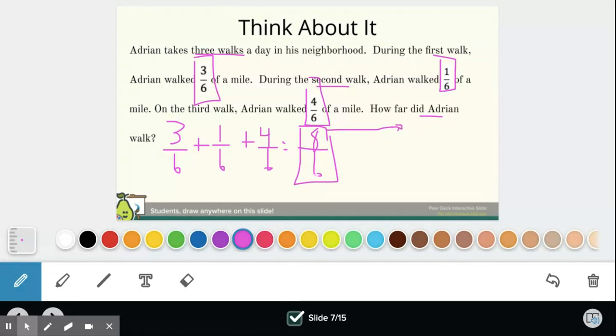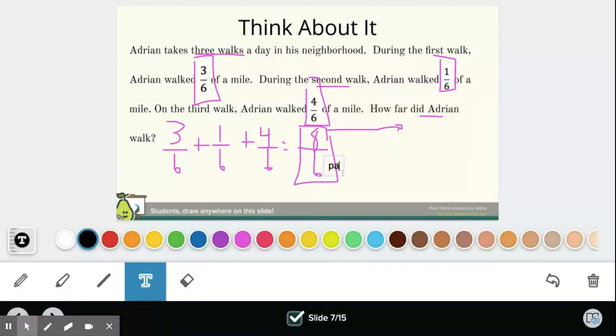So this 6 means that each whole is out of 6. Okay, so one more time, let's make sure we understand what these 2 numbers mean in order to be able to visualize this, draw this, and then create our mixed number. Okay, so this 6, and let me type this up.